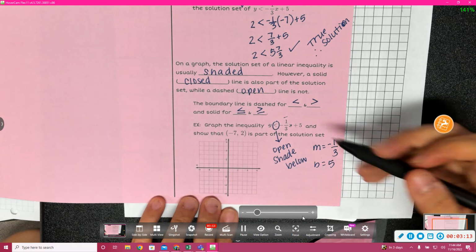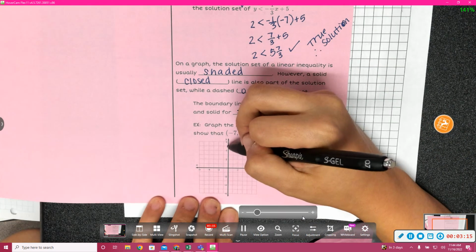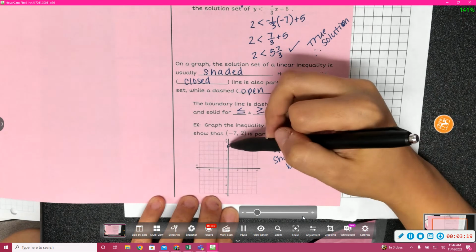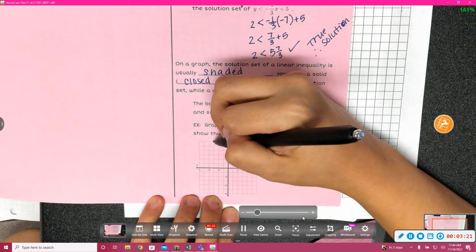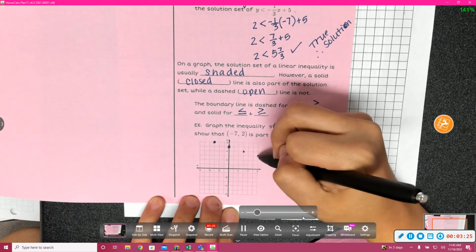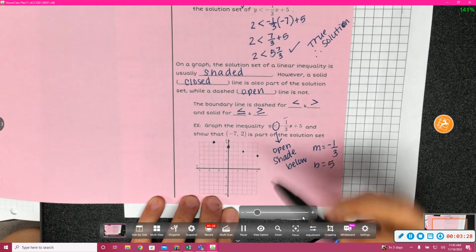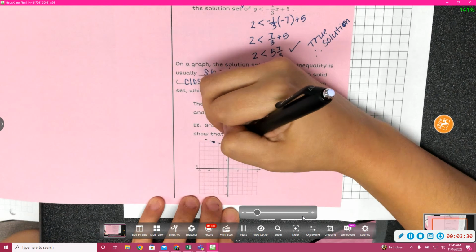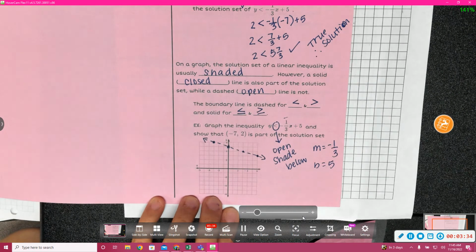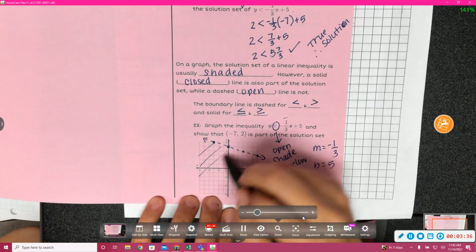So begin with b of 5, and then use negative 1/3 as your slope. So that's either up 1, left 3, or down 1, right 3. And we know my line has to be open. And I am shading below the line, so everything down here gets shaded.